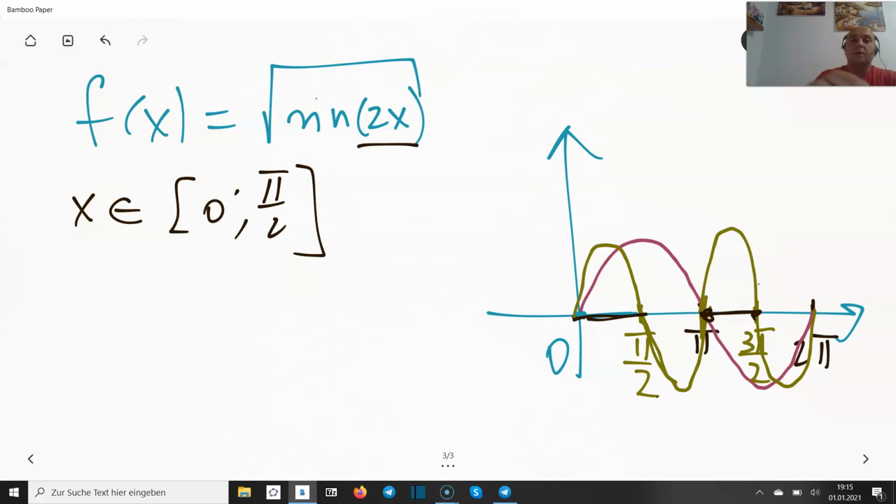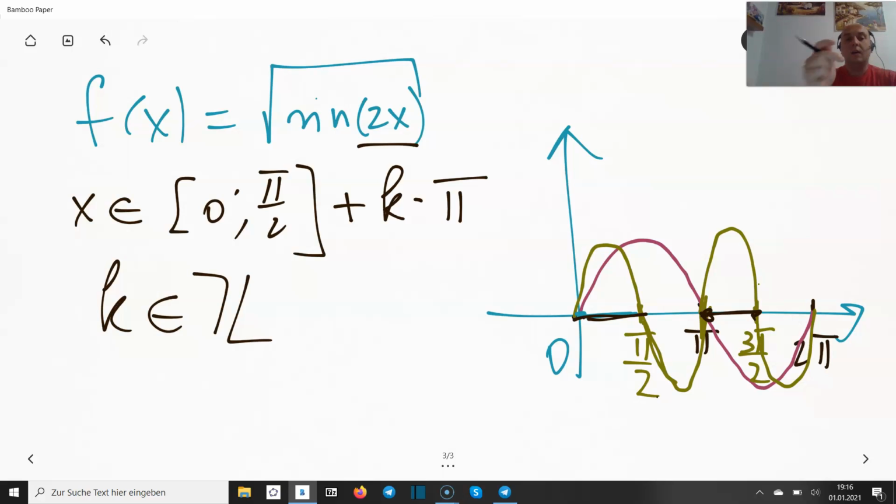So that means basically what we can write is that we add all the integer multiples of pi to this interval. Let me write it this way. So you are having only small parts of the real axis which are allowed. And k is just an integer. We can go to the left-hand side, but we can also go to the right-hand side.